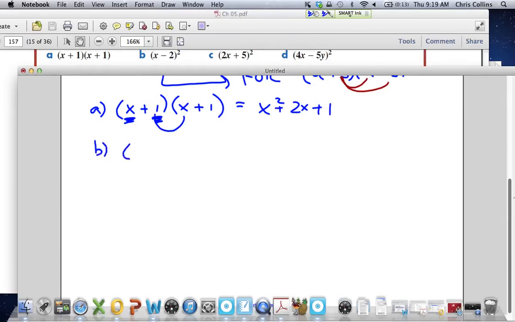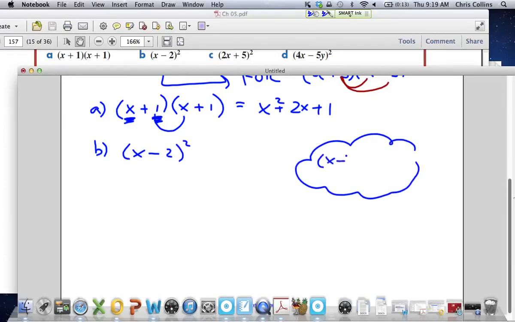So that's me using the pattern now to get it. B. X minus 2 squared. It's the same thing. Don't be fooled. X minus 2 means... But again, I can spot that, just use the pattern. I'm going to square this. Now, I'm going to square a minus 2. That becomes a positive 4. That's the thing to watch out for.